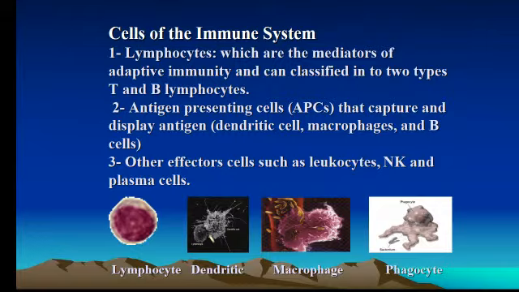Plasma cells have not been drawn in this slide, but these are the other effector cells, such as leukocytes, which are phagocytes, and also NK natural killers, and plasma cells. Plasma cells are actually one of the B cells, as we can see in the previous slide.